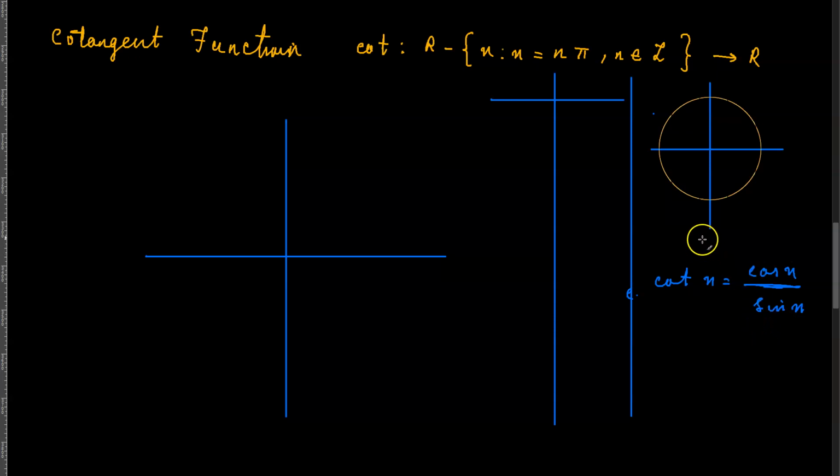Now, let's see what happens at 0. At 0 degrees, the sine of x is 0. So if I call this theta, for example, and call this cot of theta, since sine of x is 0, then cot of x is undefined.